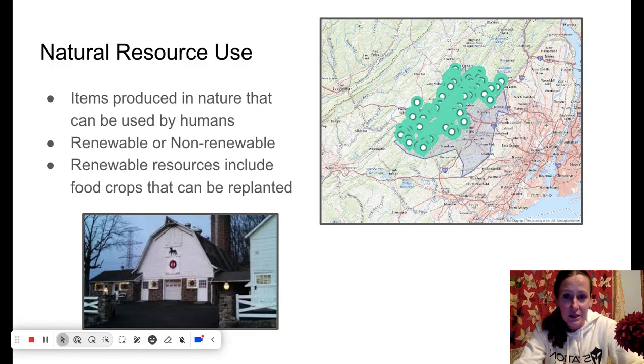Next, we have natural resource use. So, natural resource use is just what it suggests again. It's items produced in nature that can be used by humans. So, anything that's out there that humans can utilize for some reason, good or bad. They could be renewable, such as food crops that can be replanted. It could also be non-renewable.